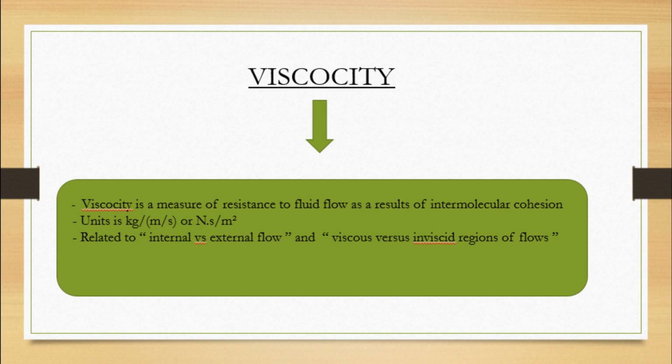The unit of viscosity is kilogram per meter per second or Newton second per meter square. It is related to internal versus external flow and viscous versus inviscid regions of flow.